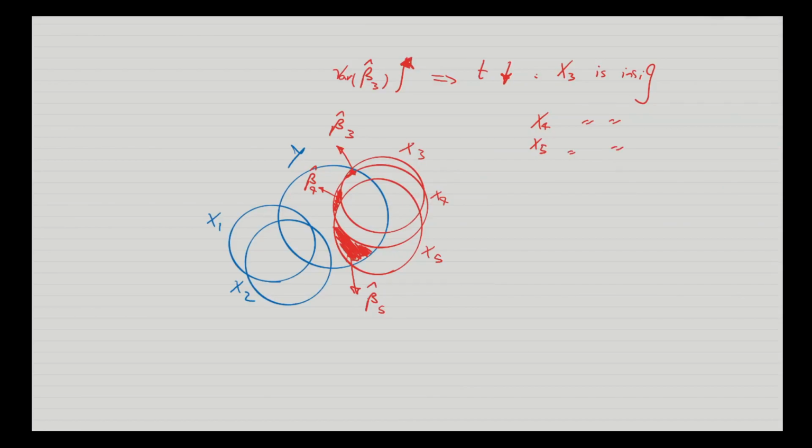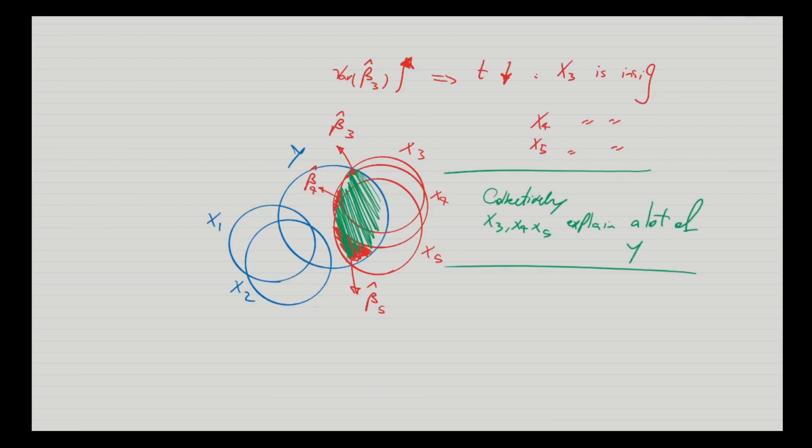However, look at them. Collectively, they're explaining a lot. So for that reason, I prefer to keep them in the model. Collectively, x3, x4, and x5 explain a lot of y, so we're going to keep them in the model.